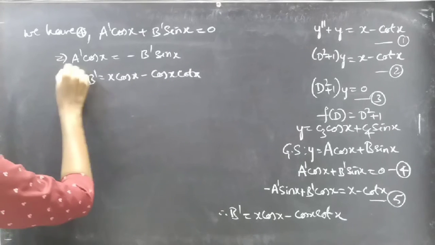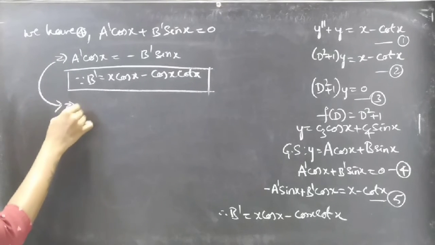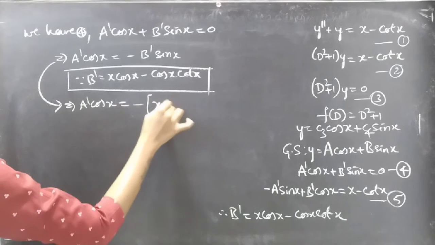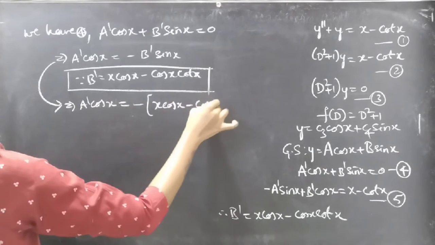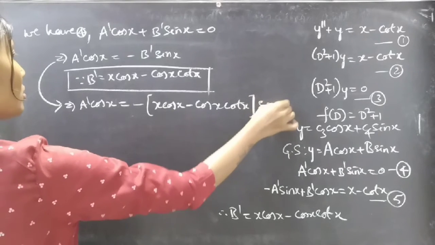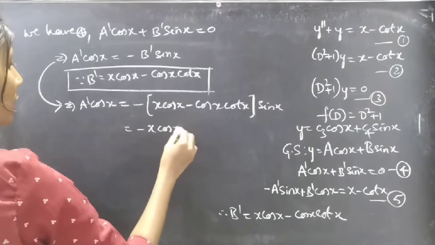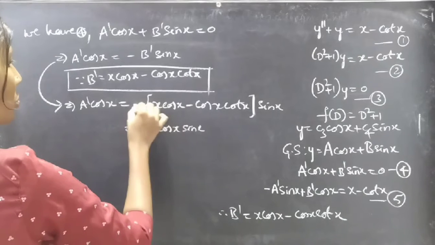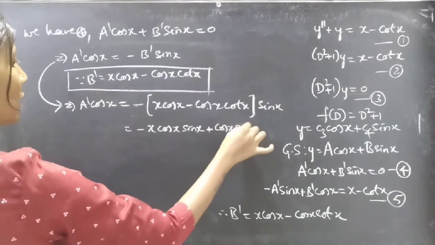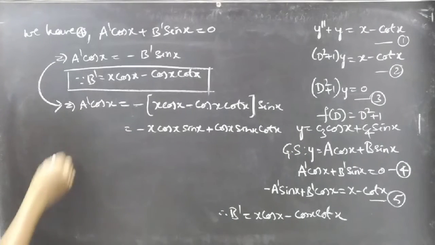So let's replace b dash in the above equation. This gives us a dash cos x equals minus of x cos x minus cos x cot x into sin x, which equals minus x cos x sin x, minus into minus plus cos x sin x cot x. Right?